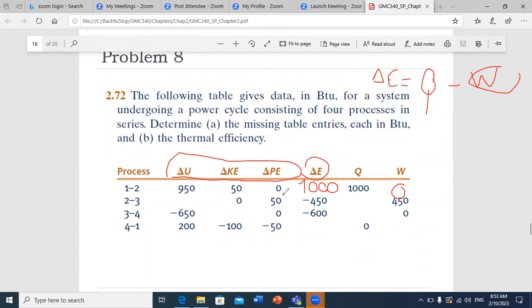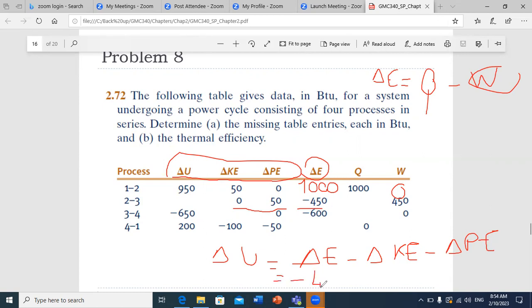Okay. Now, for process from 2 to 3, we know delta kinetic energy, delta potential energy, and delta E. So now to calculate delta U, we just have to say that delta U is equal to delta E minus delta kinetic energy minus delta potential energy, and then it's equal to minus 450 minus 0 minus 50.